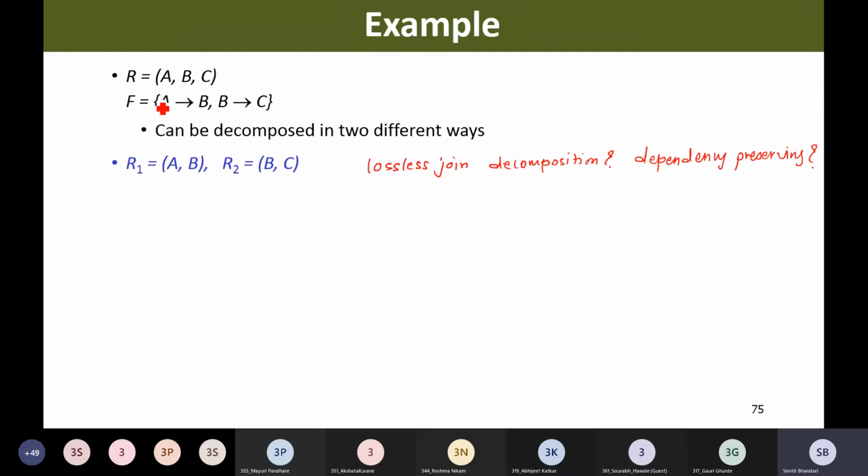We have decomposed this relation R as R1 (A, B) and R2 (B, C). We have been provided with this set of functional dependencies F. We would like to find out whether this decomposition is lossless join, and also whether it is preserving the dependencies. Yes, anybody who can answer?